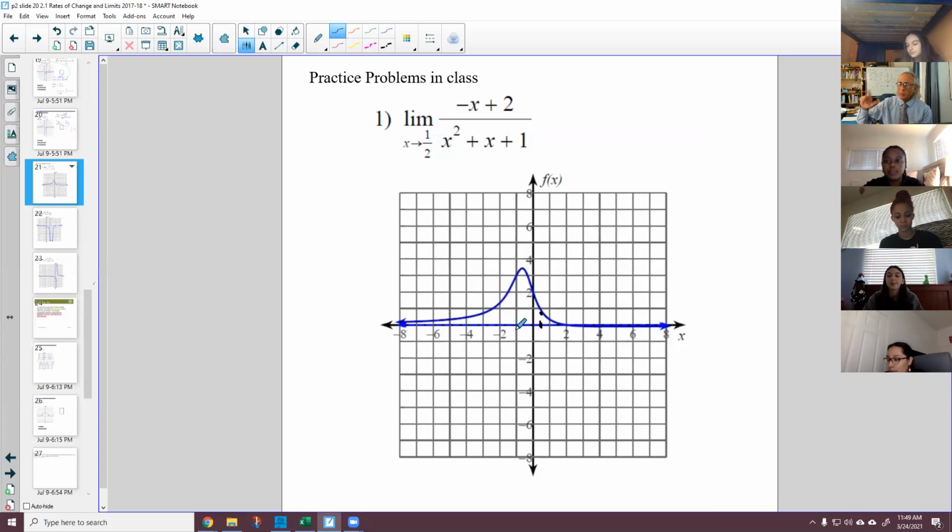Okay, so people who were stuck, where did you get stuck? Talk to me. Two groups came back and said that they were iffy about it. So where'd you get stuck? What was bothering you? My group, we tried the substitution and it didn't look right. So then we tried doing other stuff and that also didn't look right.